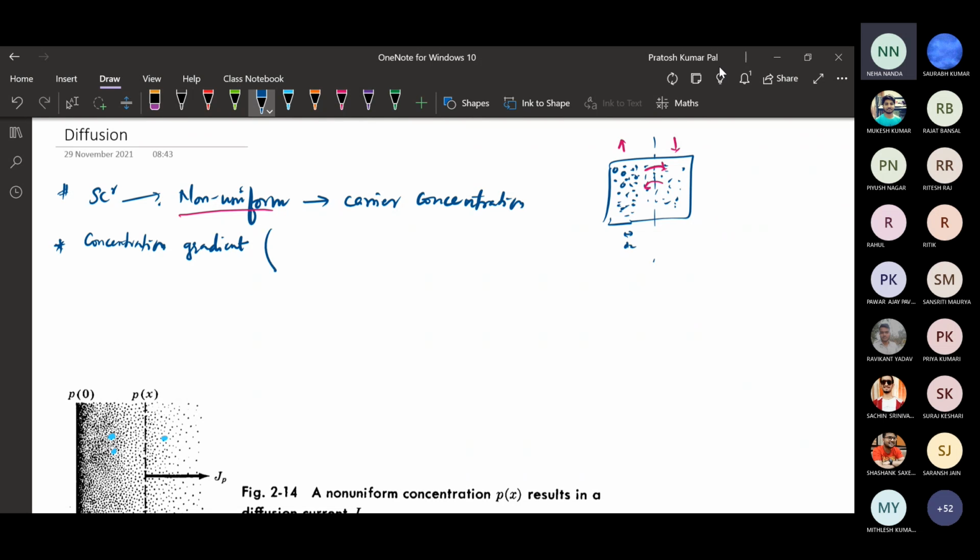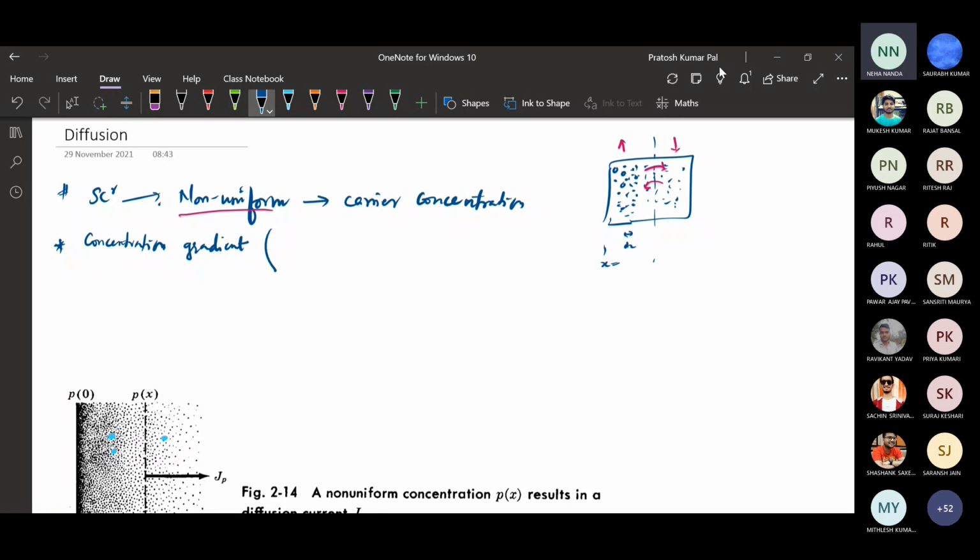So concentration gradient is basically represented by whatever charge carriers are there divided by in what particular distance. So per distance, what is the concentration of these charge carriers is called the concentration gradient.